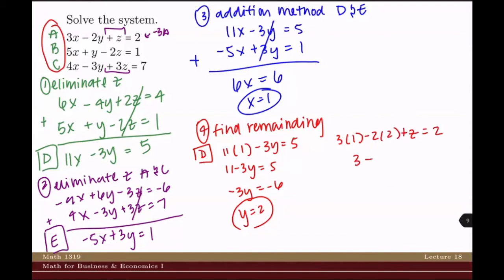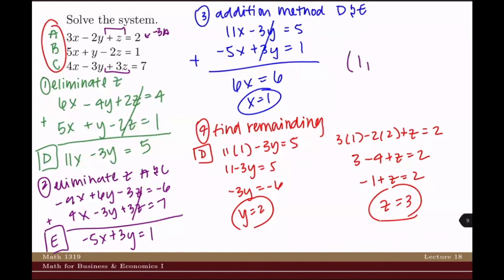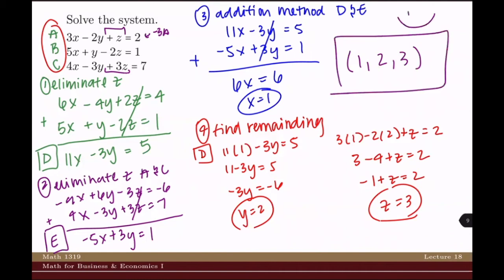So I'll have 3 minus 4 plus z equals 2. So that's negative 1 plus z equals 2, which means z equals 3. And now I've found my solution. So my solution is going to be the ordered triple 1, 2, 3. Well, look at that. And that's it. So let's move on.